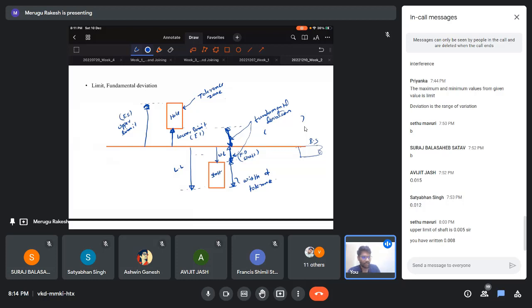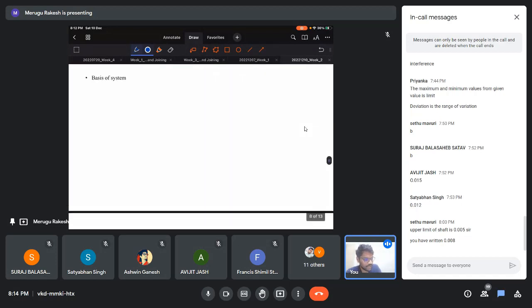Okay, now we have this one diagram. Earlier I wrote something like this. So what is this G and what is this G? That is one sort of notation that we write for the fundamental deviation. I will discuss it in the next class.